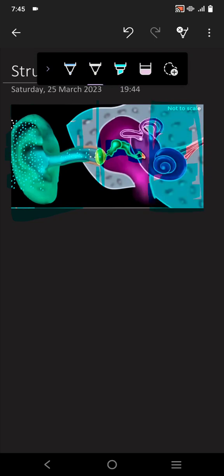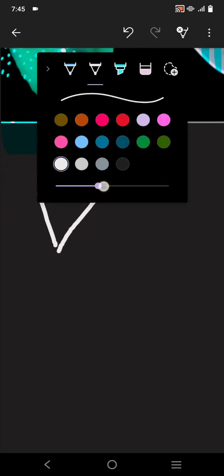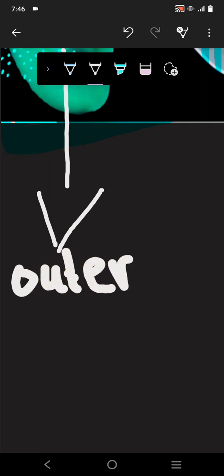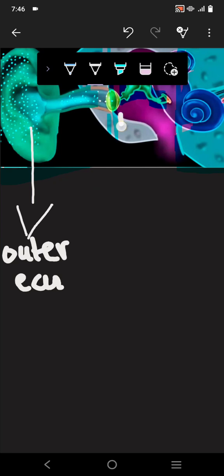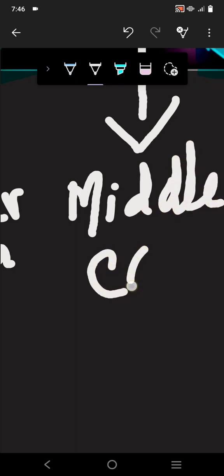Okay, let me write it. This is the outer ear. These three bones are the middle ear.